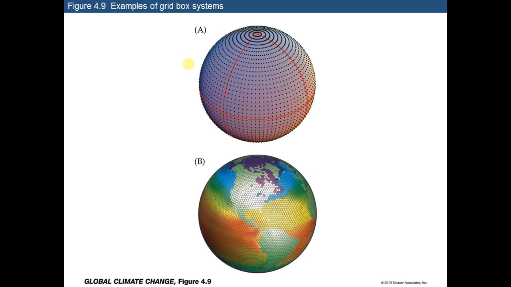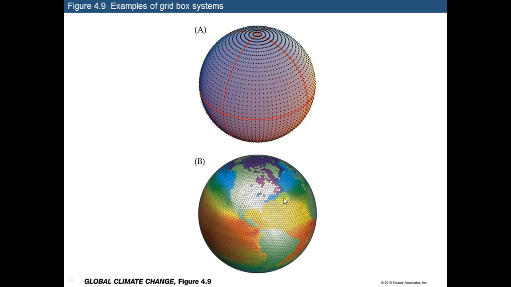You see the dot at the center of the grid box. The grid box will have the same value for temperature, wind speed, and wind direction.